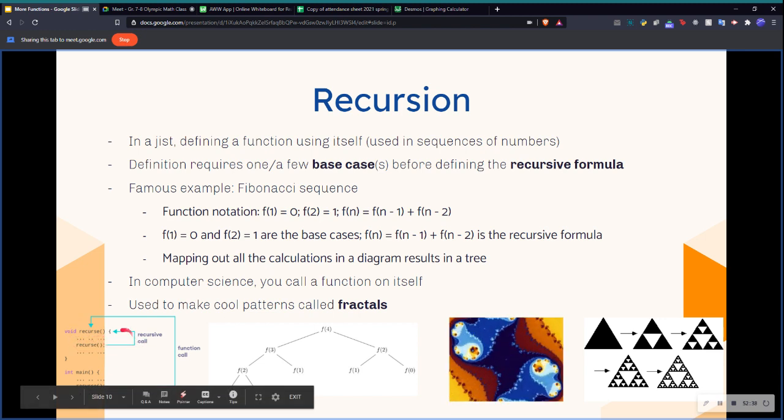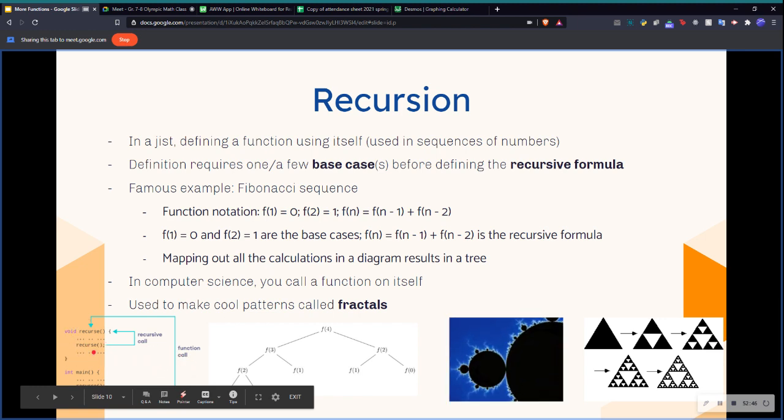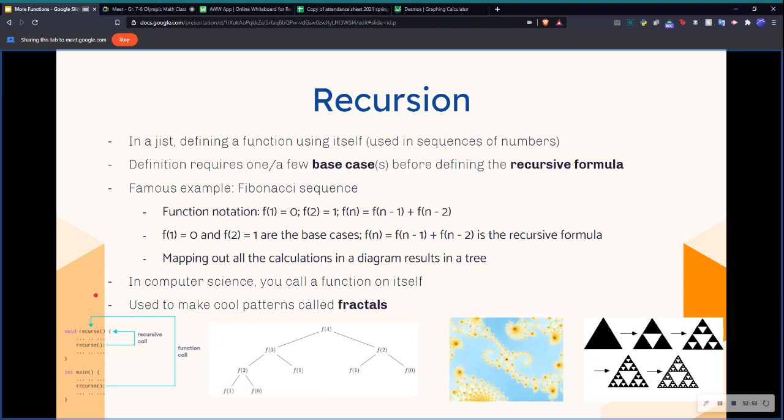This is called a recursive call. And when you call recurse, it'll just call recurse on itself. It's a bit complicated, but you'll learn more about it later in high school.